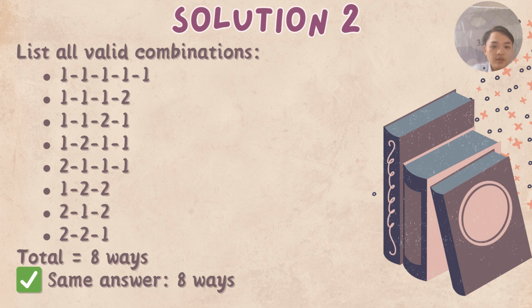So this is the first way, and the second is 1 three times and 2 one time, and so on, until the fourth combination, where we use 1 four times and then 2 steps. And the last, we use 2 steps to get the five. After we list all the combinations that we have, we can calculate the total ways that we listed, which is the same answer as solution 1, 8 ways.